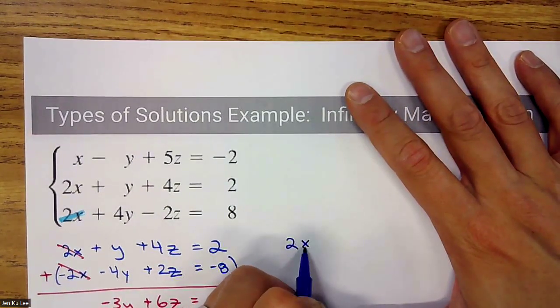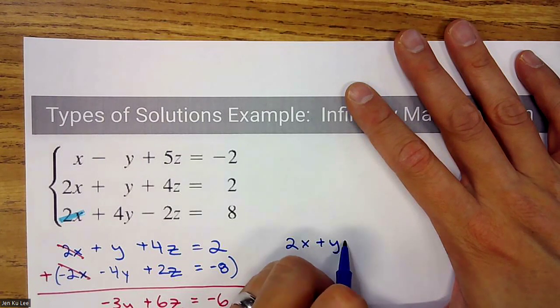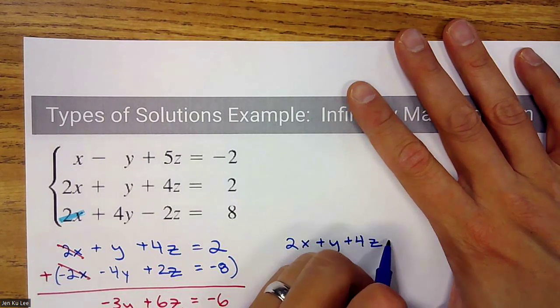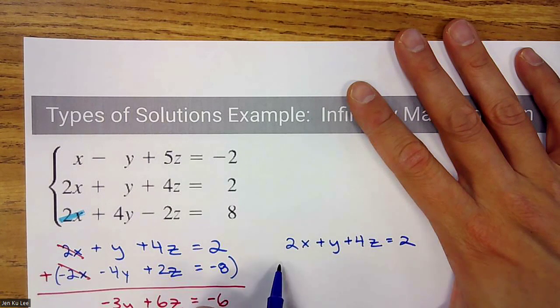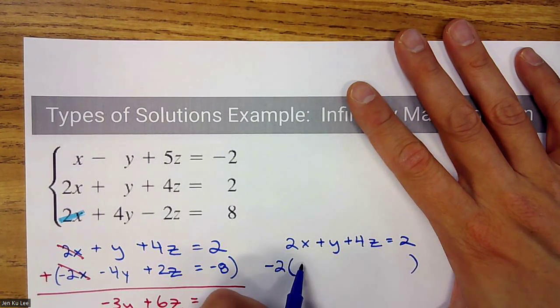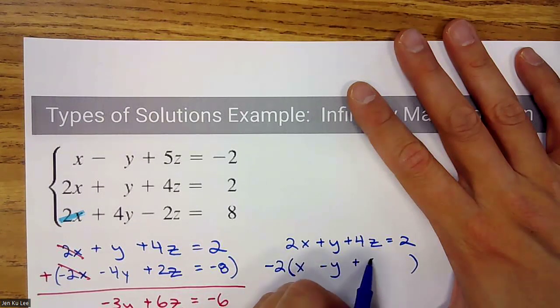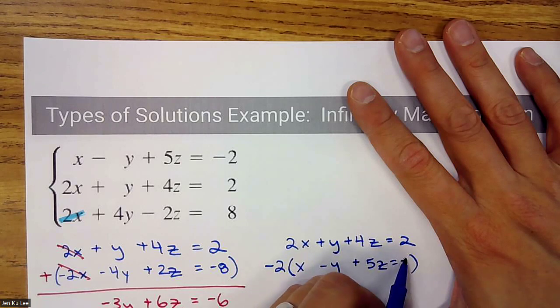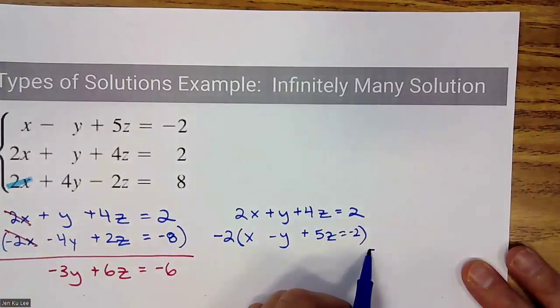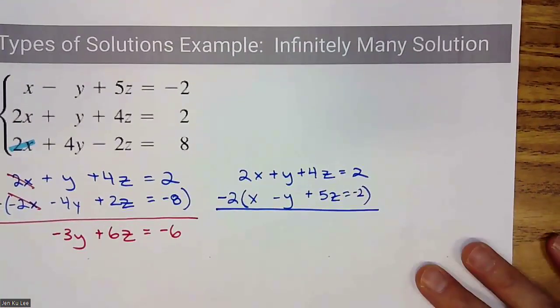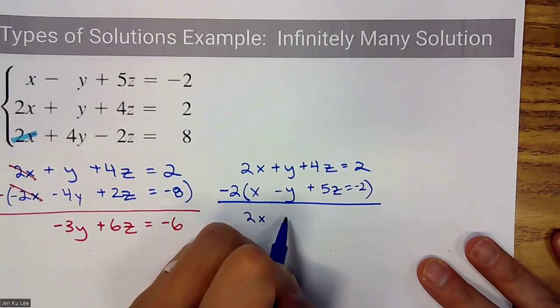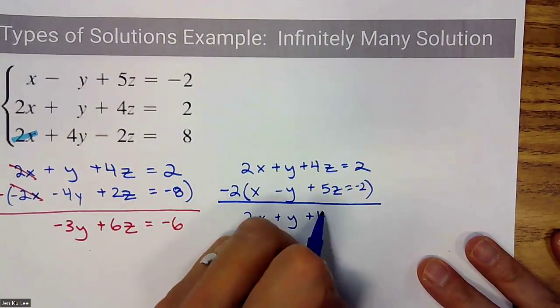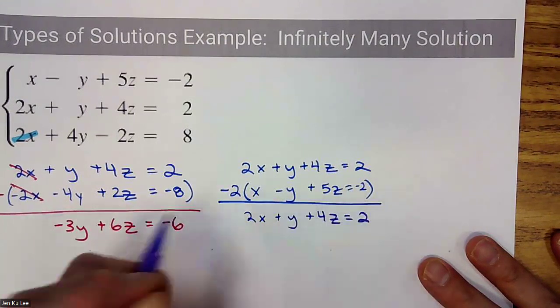I'm going to get the second equation. I'm going to multiply negative 2 to the first equation. So when I do that, I have 2x plus y plus 4z equals 2.